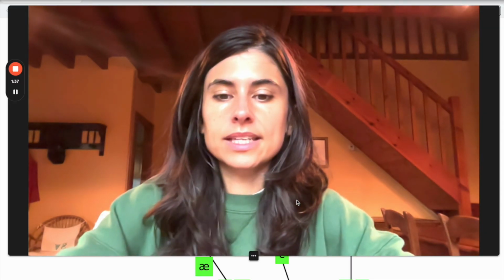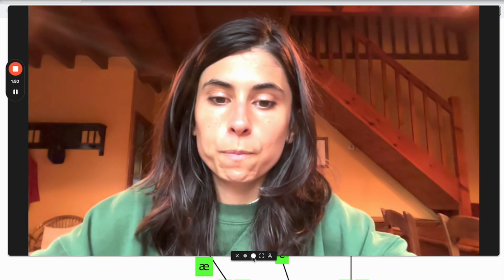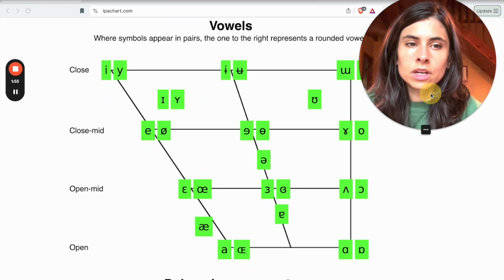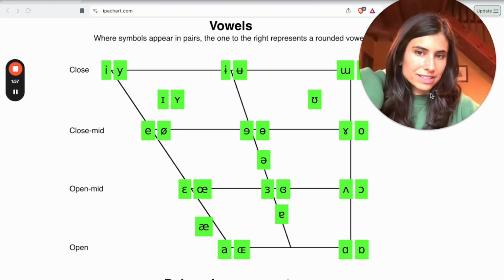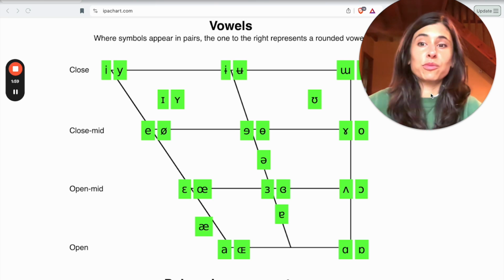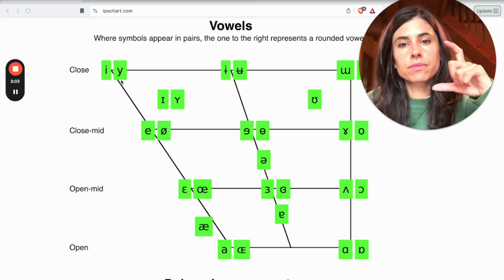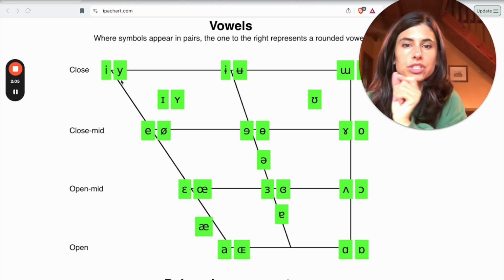Okay, so let's start by seeing both the English sounds and what they have in common and what their difference is. So we're going back to this chart. What this chart really represents is the openness of the mouth and also the position of the tongue.